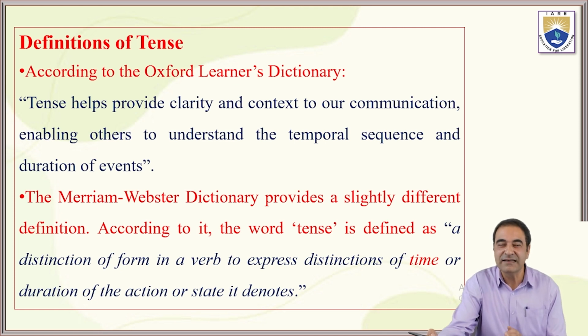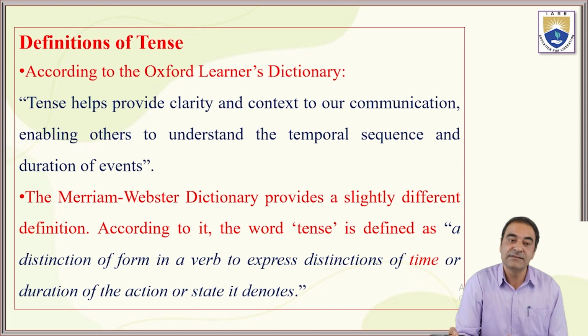Now, look at the second definition. It's by the Merriam-Webster Dictionary, and it provides a slightly different definition. According to it, the word tense is defined as distinction of forms in a verb to express distinctions of time or duration of action or state it denotes.